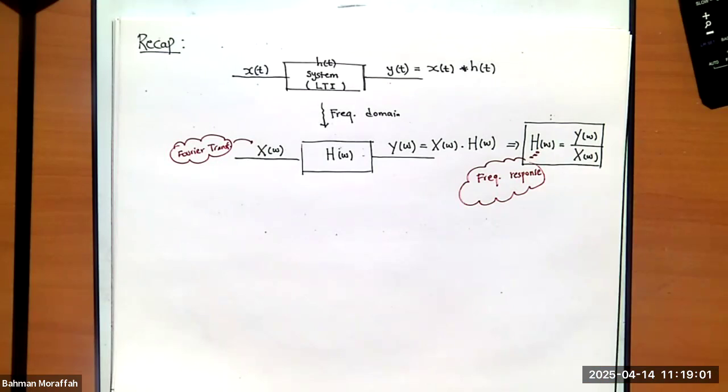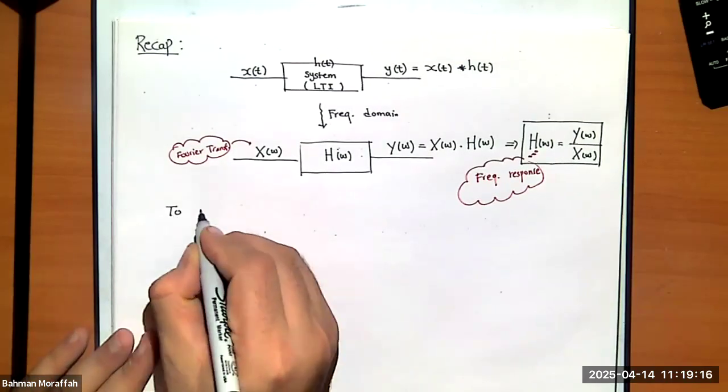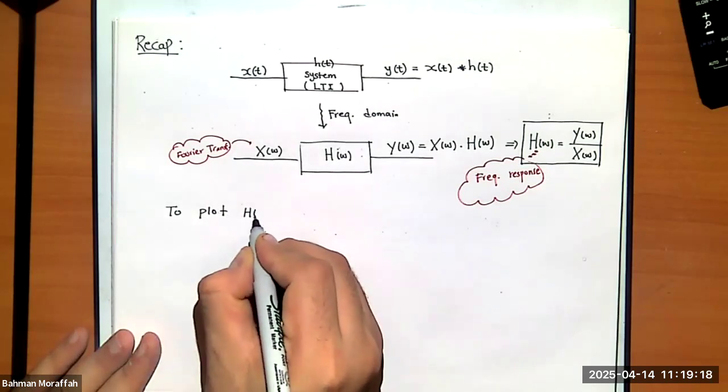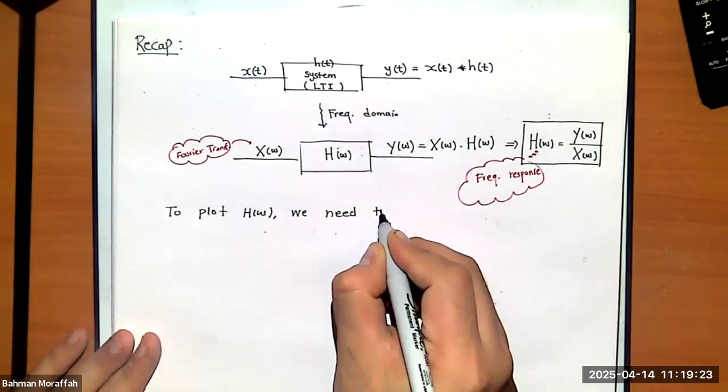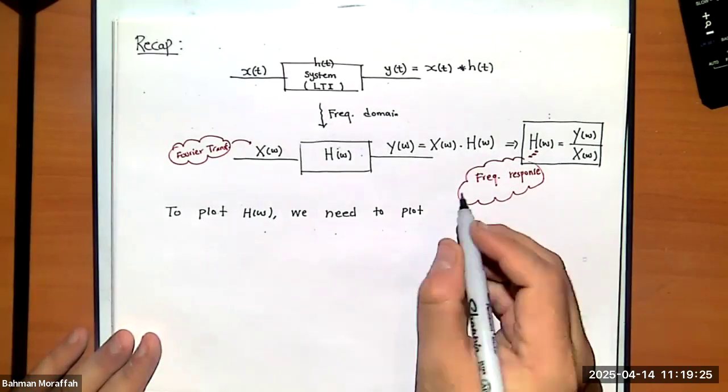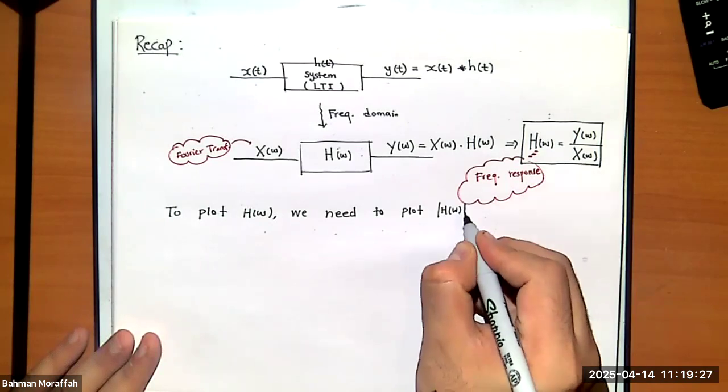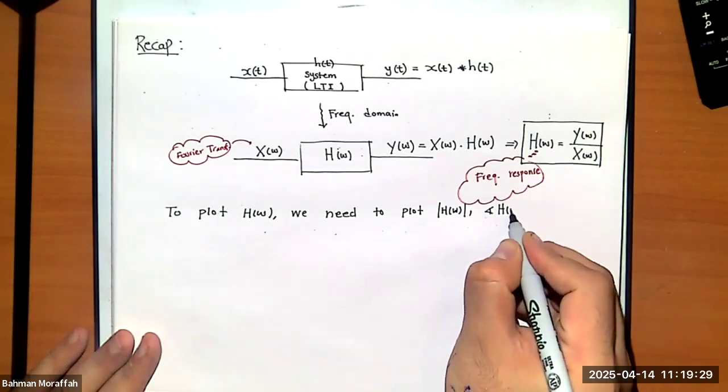So if you wanted to plot this, we had an issue. We could not easily plot it because it was happening in R4. So instead, we said we're going to plot the magnitude of it, or we're going to plot the phase of it. So to plot H of omega, we plot the magnitude of it and the phase of it.